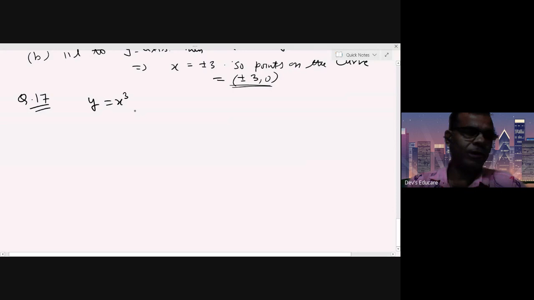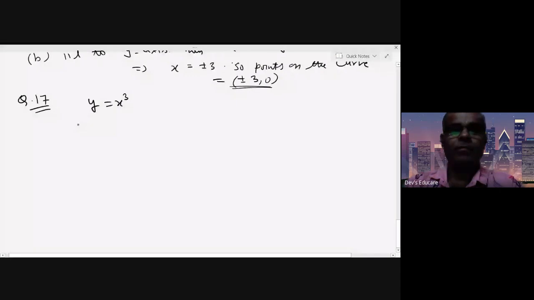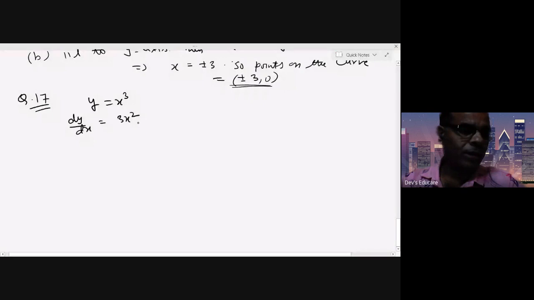Okay. So to find the slope, we have dy by dx equals 3x squared. Then it's given that the slope is equal to the y coordinate.